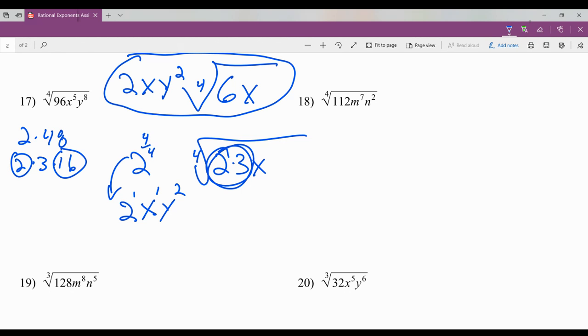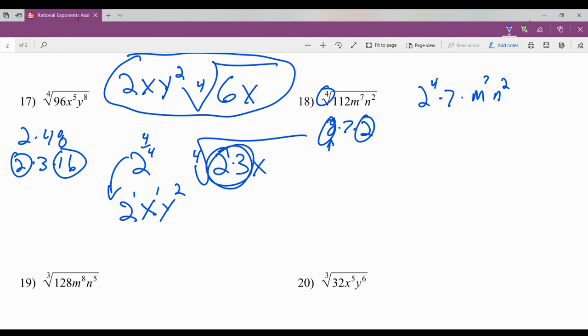112 is 56 times 2. 56 is 8 times 7, so I have 8 times 7 times another 2, and this is 2 to the 3rd, and another 2 is 2 to the 4th, so I have 2 to the 4th times 7 times m to the 7th n squared, but all of that is being 4th rooted.